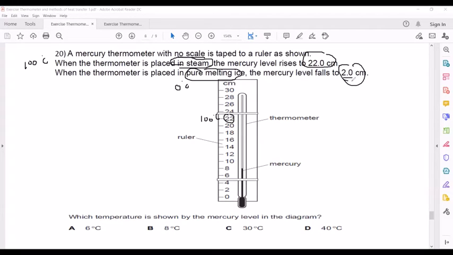And when we place this thermometer in pure melting ice, the level is at 2 centimeters, so this is 0 degrees. So now you just have to number these. So 2 centimeters stands for 0 degrees, and 22 centimeters stands for 100 degrees. So you can simply number this.